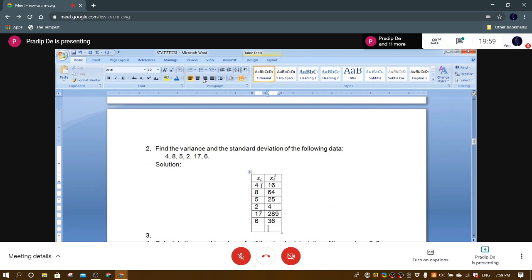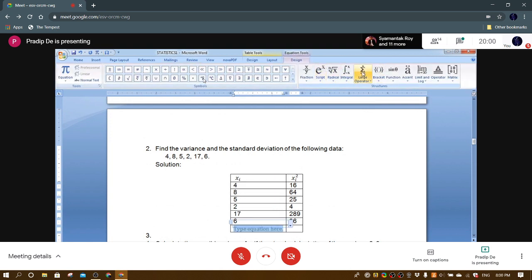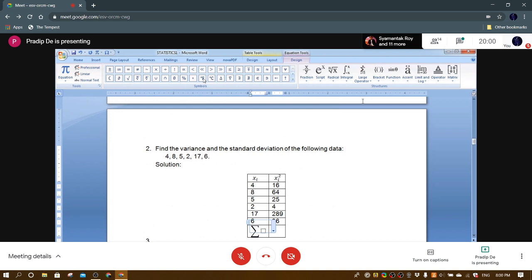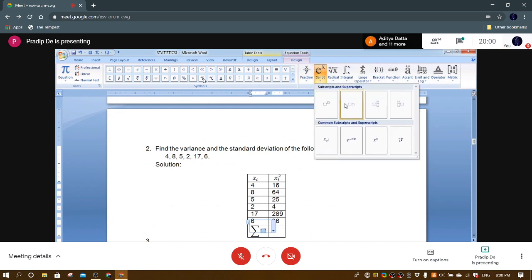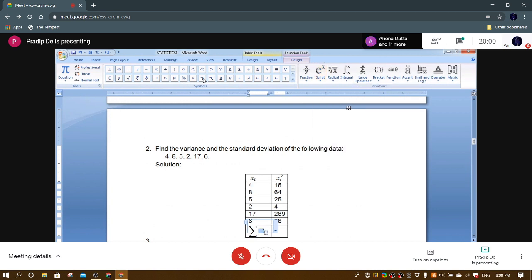Total sigma xi square. Sigma xi first. So 434 sigma xi square.